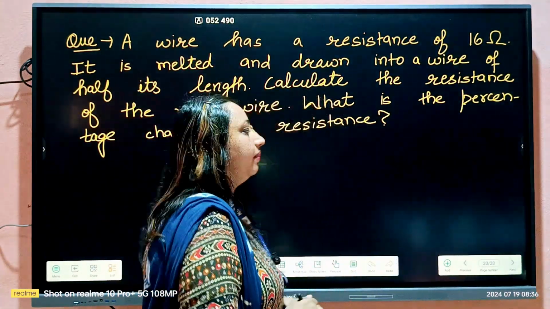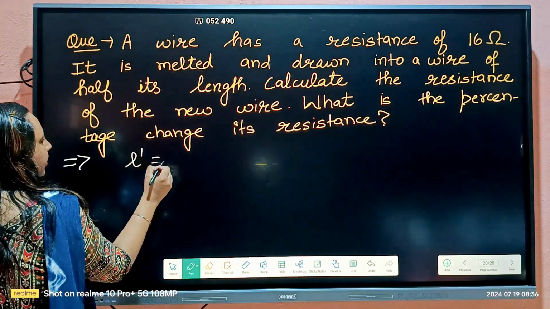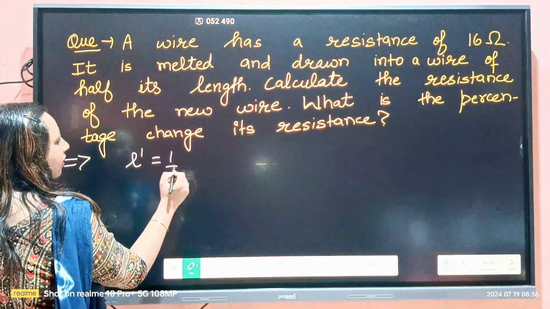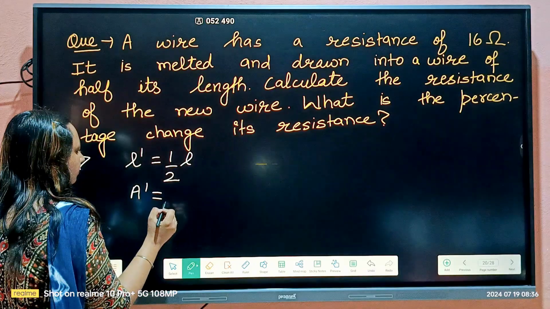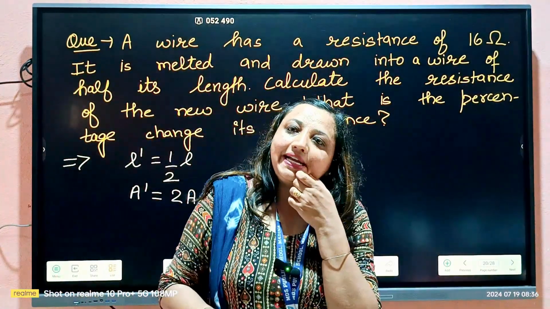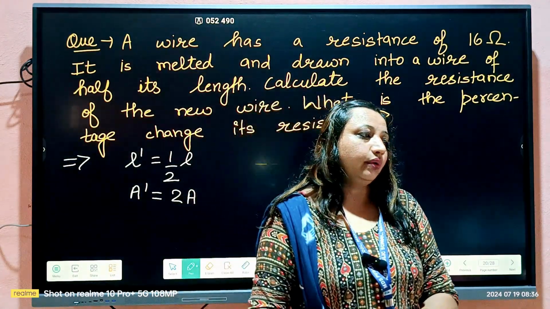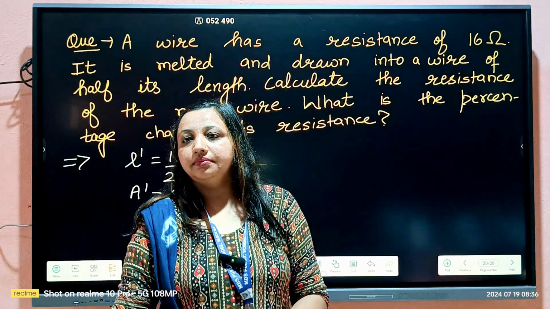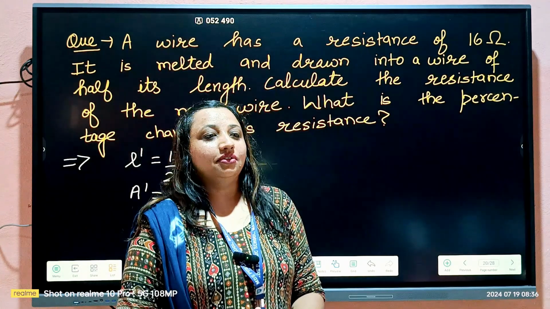Right now the length will be, the new length will be half of the original one, and area, yes, twice of the original one. Then find the new resistance and the percentage change. Do it quickly. Very good, nice.